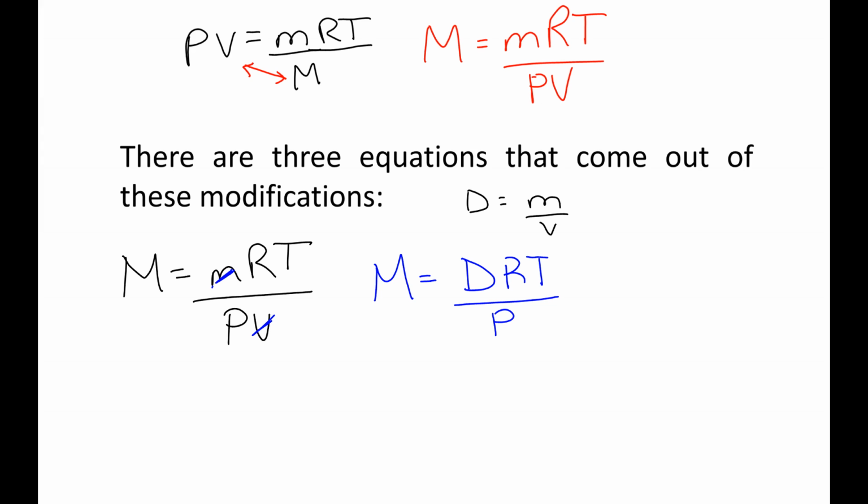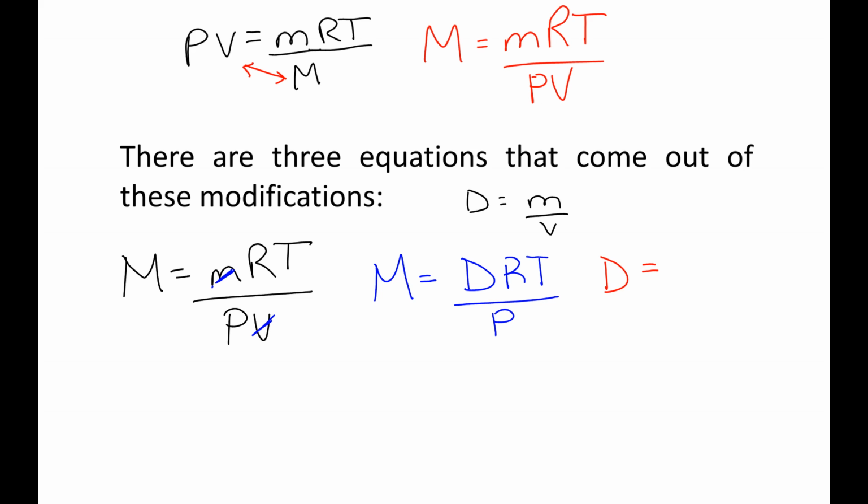And this is my dirty P equation. See? Dirty P. So molar mass is also dirty P. Now, also, if you want to solve for D, and I'm not going to move it all around, but let's say we want D here, we would have to multiply by P and then divide by RT.